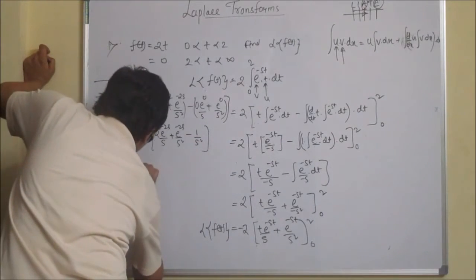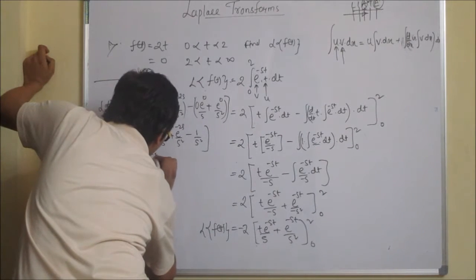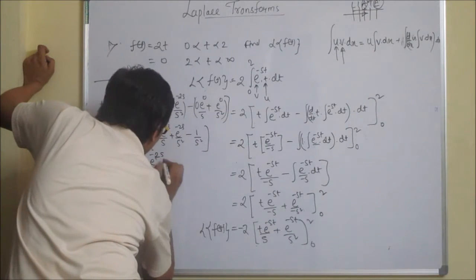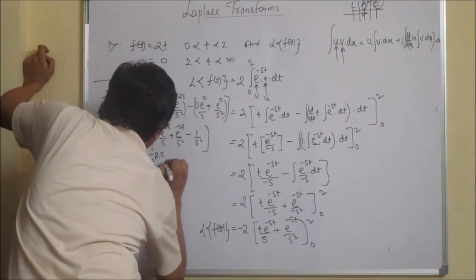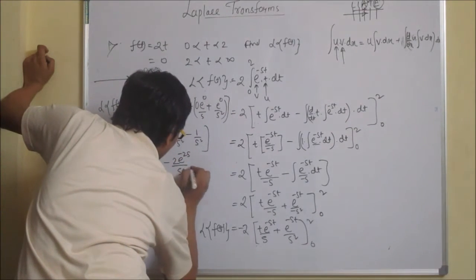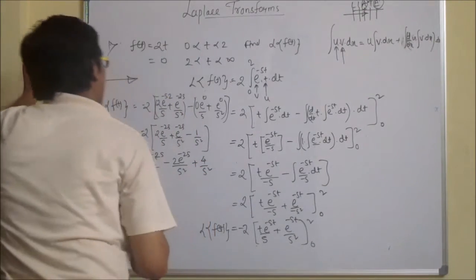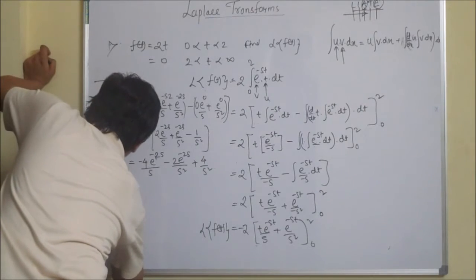Now just taking minus 2 inside, it's minus 4 e raised to minus 2s by s minus 2 e raised to minus 2s by s square plus 4 upon s square. This is my L of f of t.